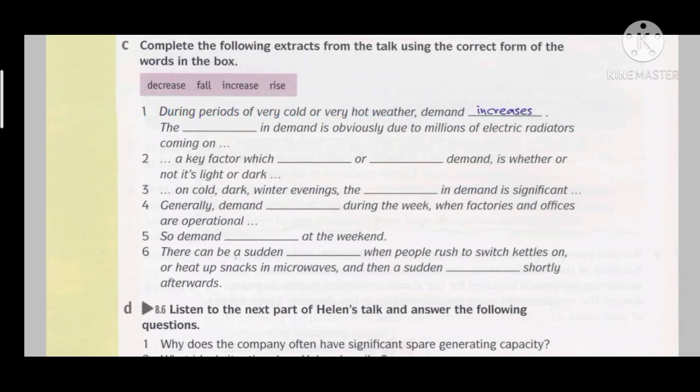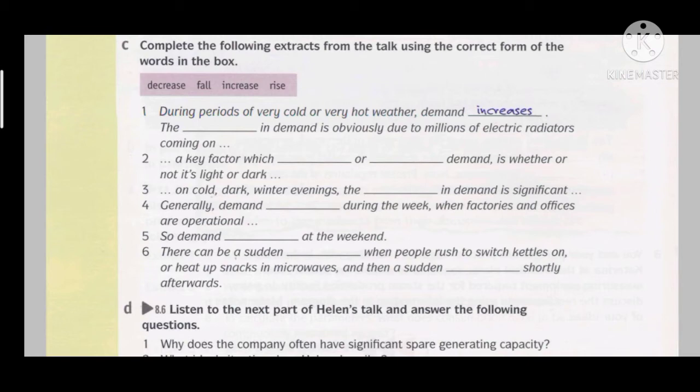Of course, some of you may say, okay, why did we use on number 1 the increase in demand and on number 3 the rise in demand? It does not make a difference. Both of them are correct. But this question asked us to complete from the extracts, and this is how she said it. She said, in cold, dark winter evenings, the rise in demand is significant.